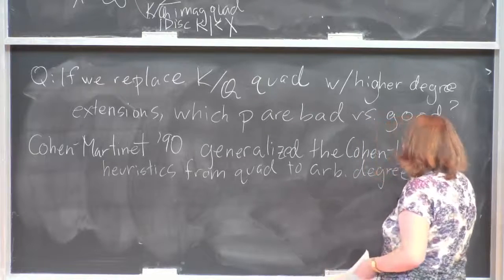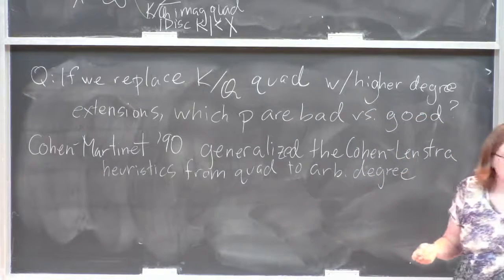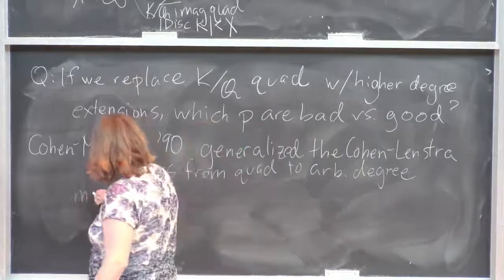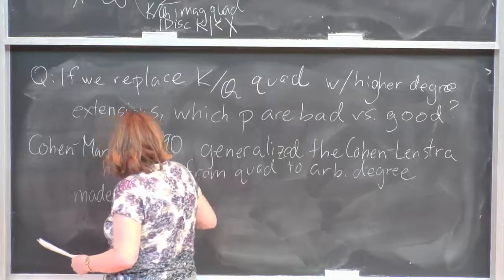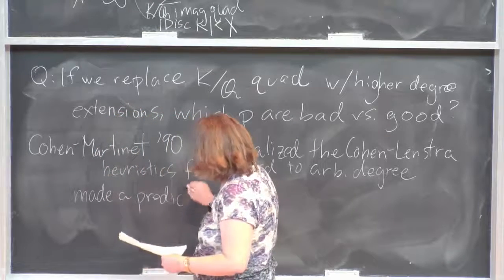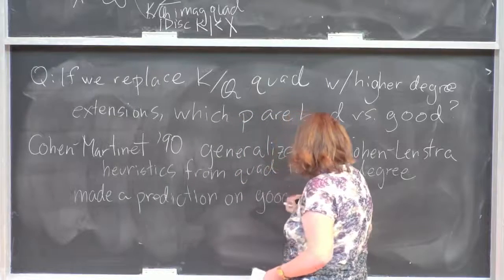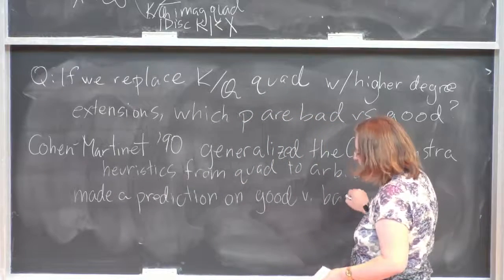And in fact, this is where this language of calling some of the primes bad and some of the primes good came forth. So they made a prediction on this good versus bad issue.